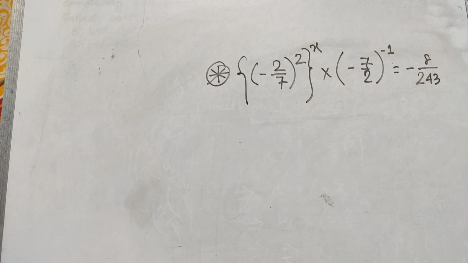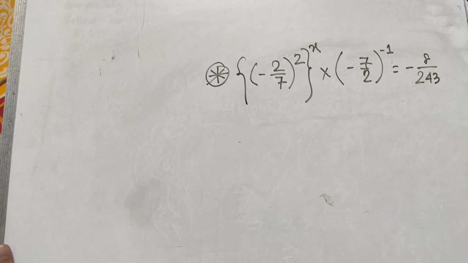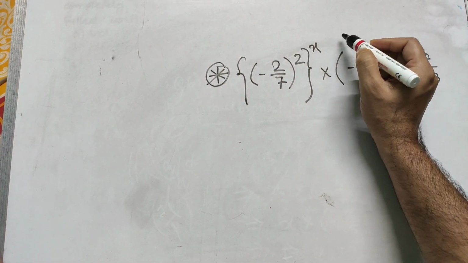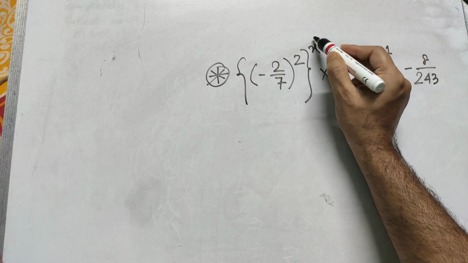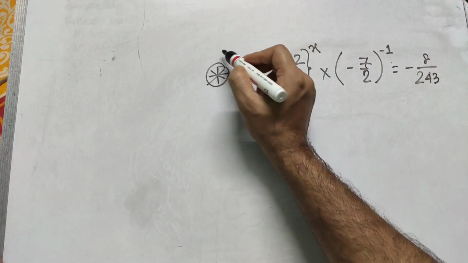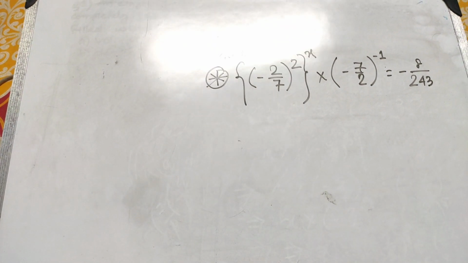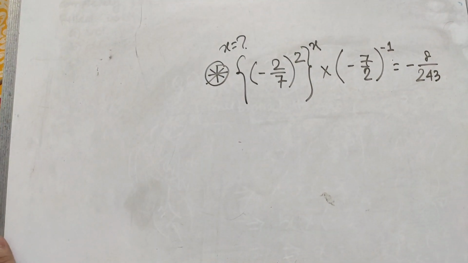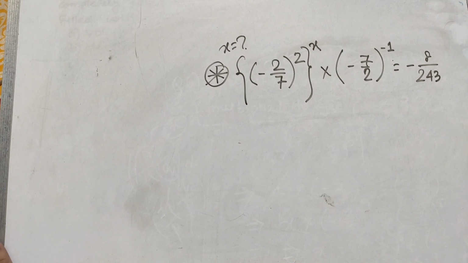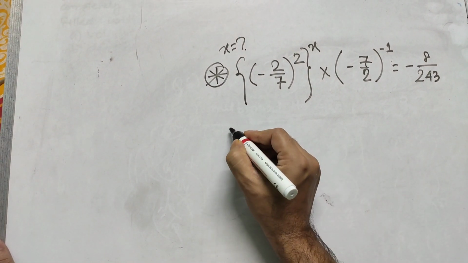Okay, so this is our last sum. So what do we need to do? Here you need to find the value of x. So how will you do that? Let's see how we can do this.